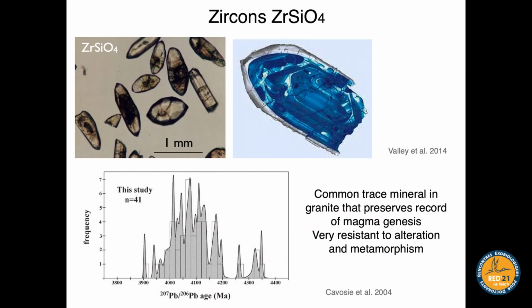And if we measure the oxygen composition of this zircon, the chemical and isotopic oxygen composition, this composition suggests that the magma from which this grain crystallized was enriched in clay, which implies the presence of water.